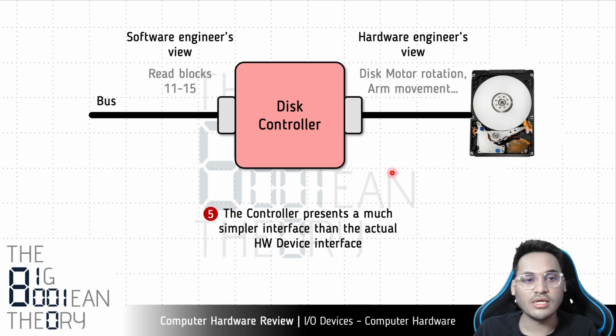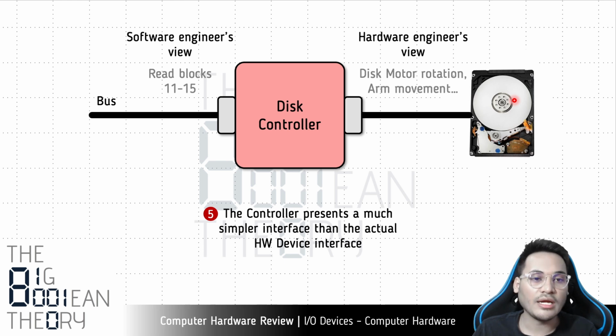Let's take the example of the hard disk. The hard disk is a storage device where we store our data, right? As a programmer, we are concerned with our data and reading and writing them. But if you compare the two interfaces, the one that the hard disk directly exposes with the one the disk controller exposes, there is a lot of disparity in how we think about the hard disk. Let's first talk about the disk interface. This interface is very low level and specific to how the disk has been implemented, right?